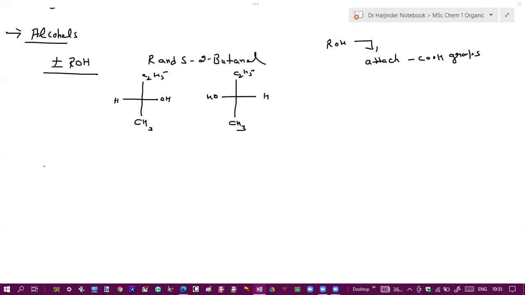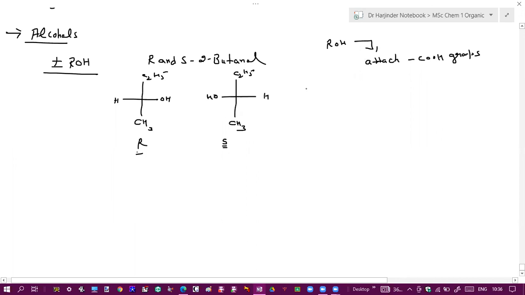If you have R and S butanol, this first one is R or S? R. Yes, and this one is S. Suppose you have a mixture of this R and S 2-butanol, and let us discuss by taking this example itself.